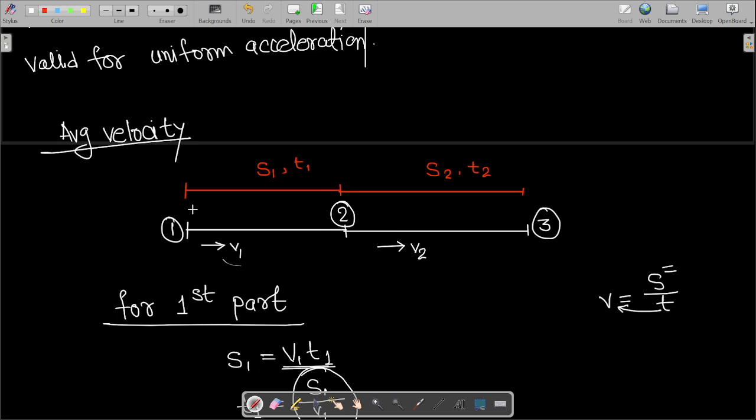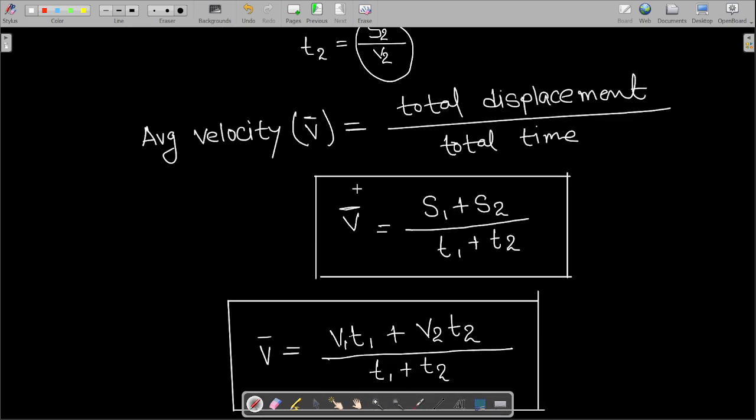The time taken to travel the distance from point 1 to point 2 is the same as the time taken to travel the distance from point 2 to point 3, and notice that the distances are different, but the time taken is the same, that is t. So what will the expression be here?